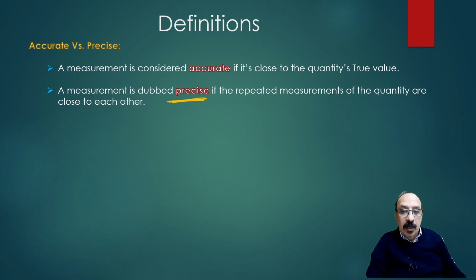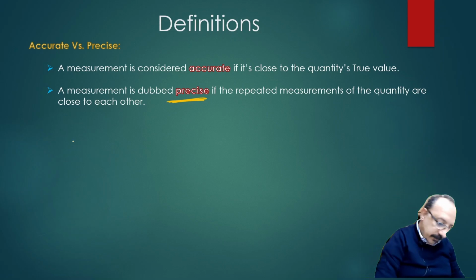On the other hand, precise means that if I repeat my measurement of the acceleration due to gravity a number of times, for example, 3 or 4 times, and I measure different values, they will be precise if they are close to each other. If they are not close to each other, then the values are not precise.